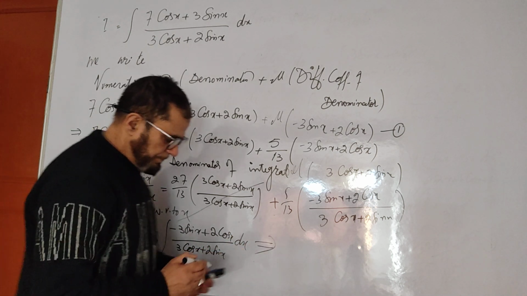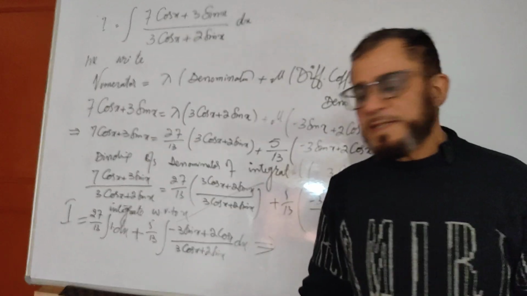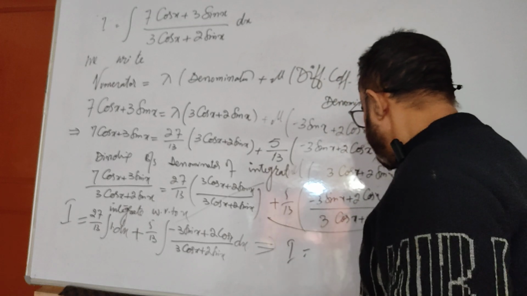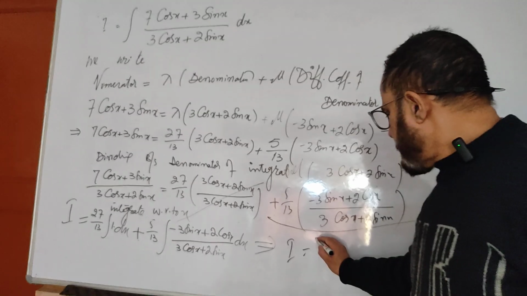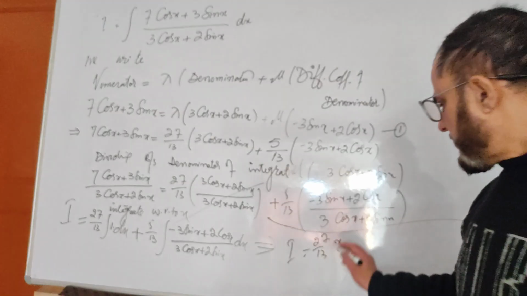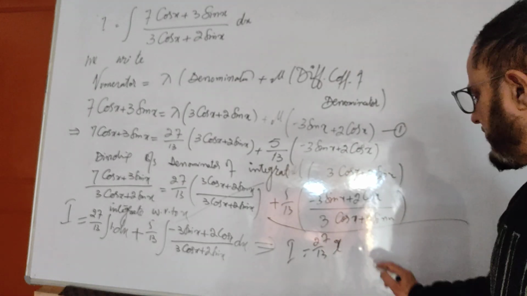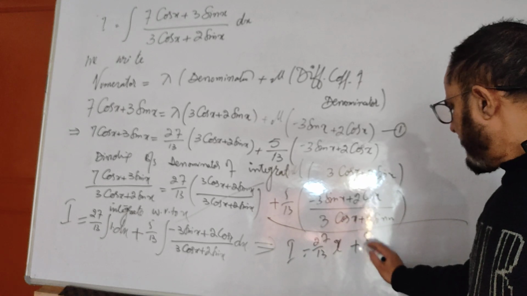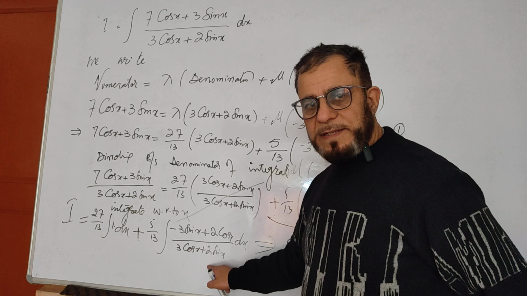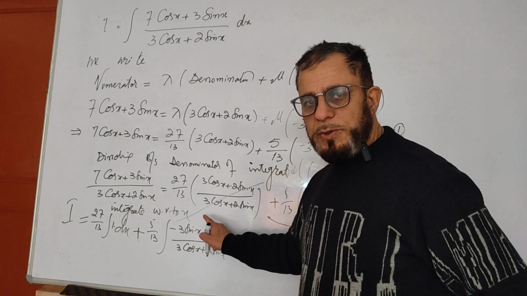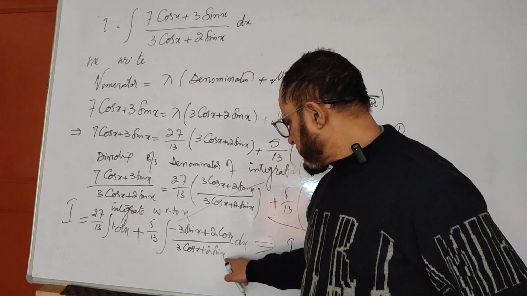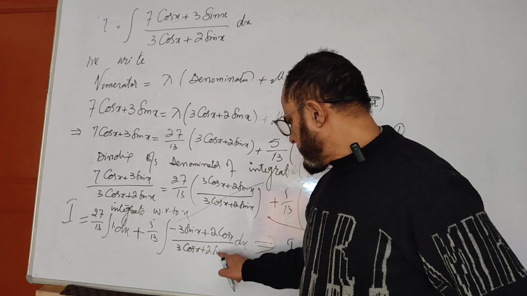This implies your integral I is equal to 27 by 13 x, integral of 1 with respect to x, plus 5 by 13 times this, which is f dash x by f x. The numerator is the derivative of the denominator: when you differentiate 3 cos x plus 2 sin x, it is minus 3 sin x plus 2 cos x.